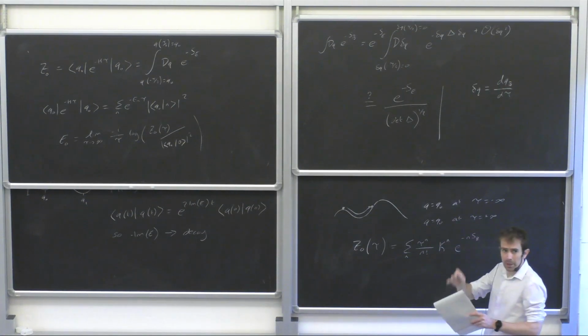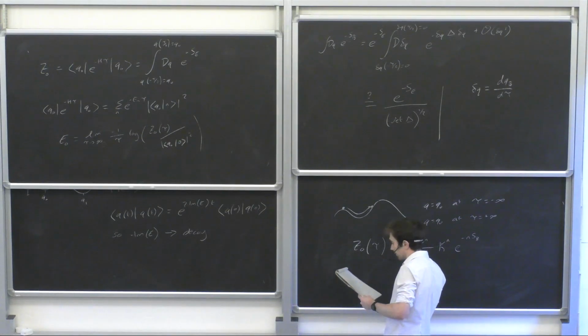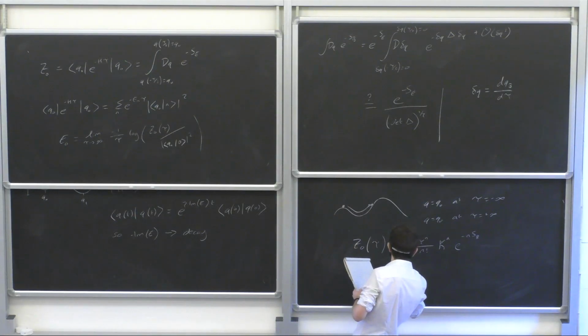This is exactly just combining n different bounces, one after the other, to give the total expression for Z. And this is equal to, up to some prefactor, proportional to the exponential.